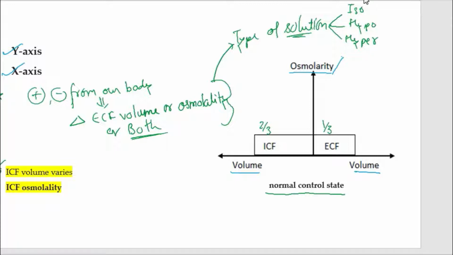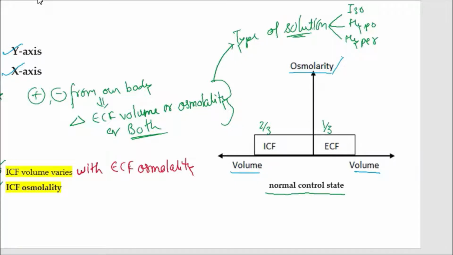For a clearer understanding, we have to know that the ICF volume varies with ECF osmolality.